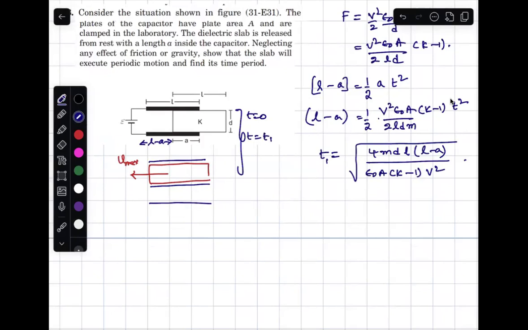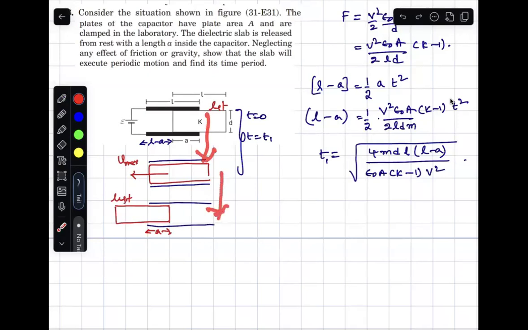And now at this stage, again, the slab will come to rest, with the space fully occupied inside. Here to here, acceleration.